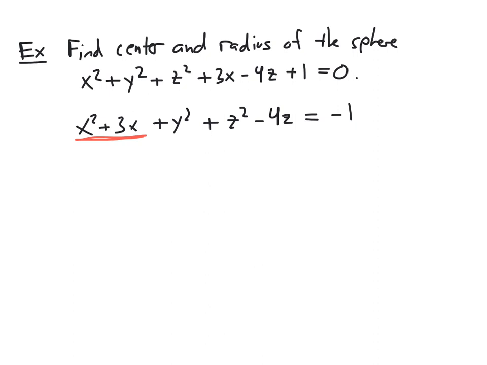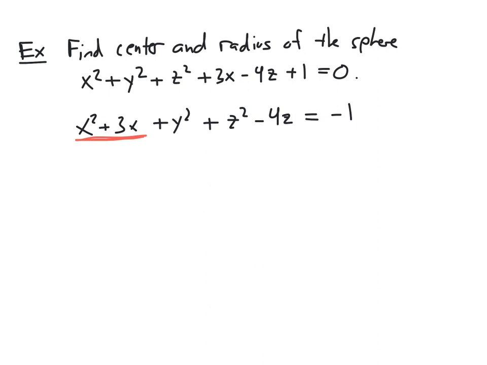And so as a reminder of how that works, if I have something like x squared plus 3x, I'm going to take the coefficient of the single power of the variable. So in this case, the coefficient of 3x, which is 3. I'm going to divide it by 2 and square it. All right, so 3 divided by 2 is 3/2, and then I square it and I get 9/4. And then I'm going to add 9/4 to both sides.